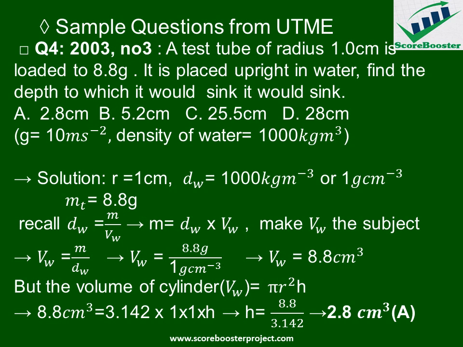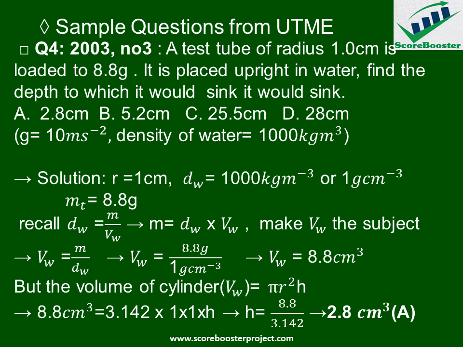Then you have to recall that density equals mass over volume. So in this case, the density of water will be equal to the given mass over the volume. Then you can make the mass the subject by cross multiplying, and that gives M equals D times V. Then you make VW, the volume of water, the subject of the formula by dividing through by dW to get VW equals M over D. We can now substitute.